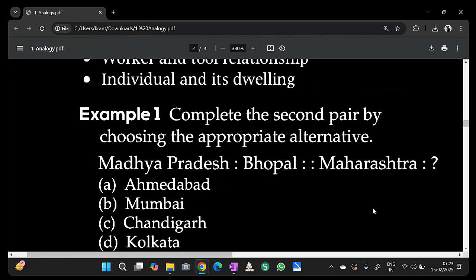Madhya Pradesh is to Bhopal, Maharashtra is to what? More 30 seconds.